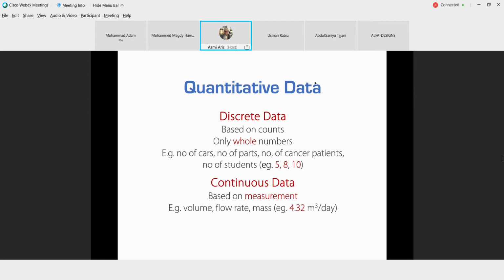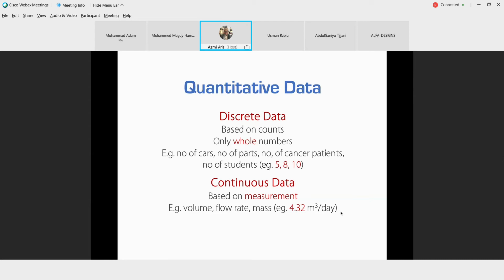And the other one is continuous data. So this is what most of us deal with as engineers. It can be with decimal, for example, 4.32 meter cube per day, and whatever value.